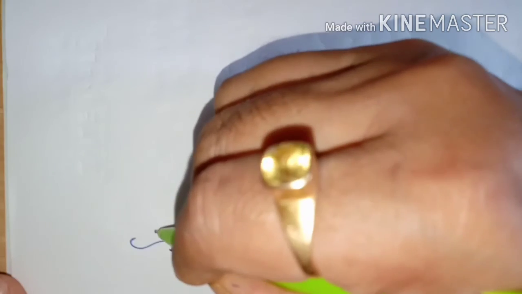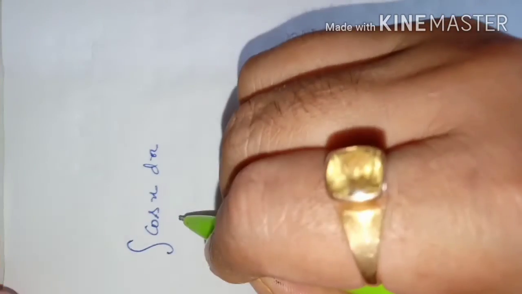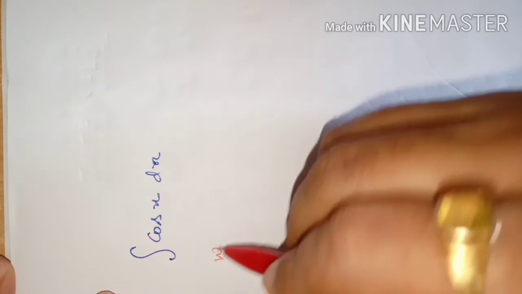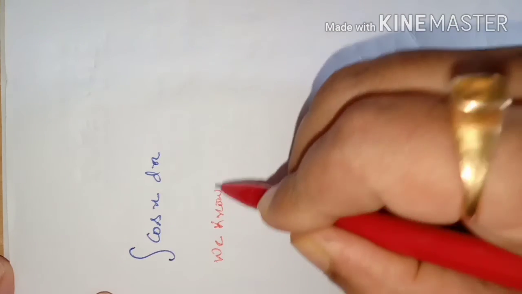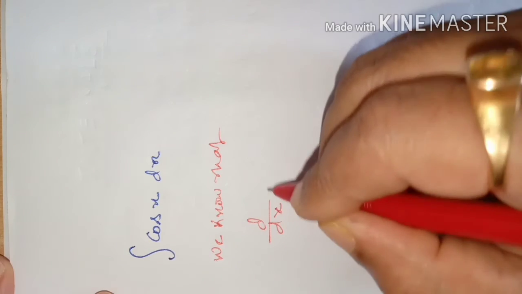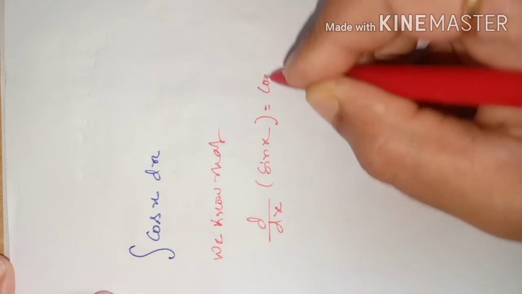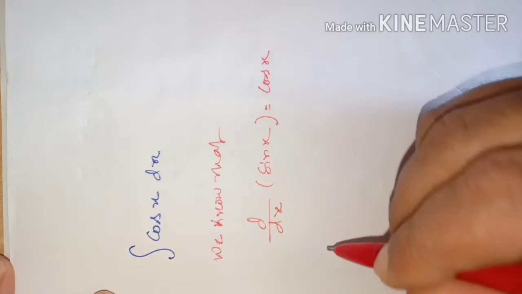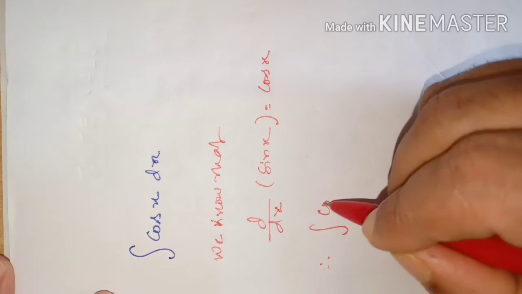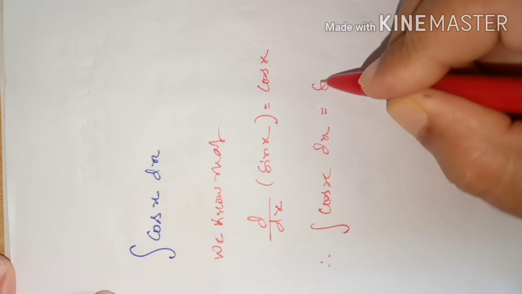Suppose you want the antiderivative of cos x with respect to x. Then first of all you have to know. So we say like this: we know that the derivative of sin x is equal to cos x. Therefore, antiderivative of cos x with respect to x is equal to sin x only.